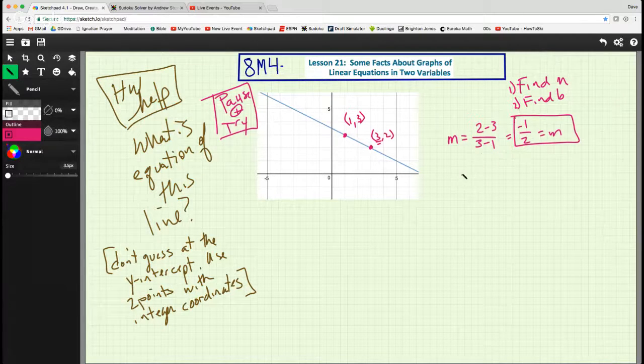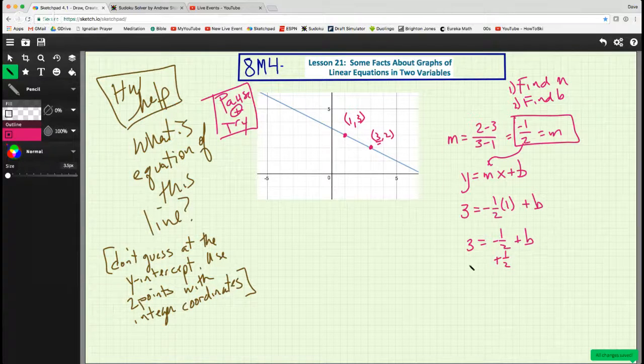Now let's use y equals mx plus b to find our b. So we're going to put our slope in here and our x and our y in here. I'm going to use this one because these numbers are smaller. 1 and 3 is smaller than 3 and 2. So 3 equals -1/2 times 1, plus b. 3 equals -1/2 plus b.